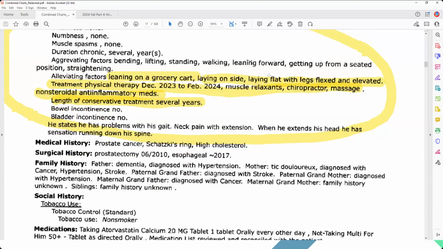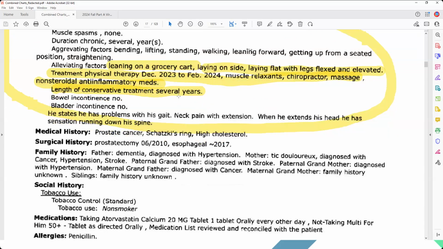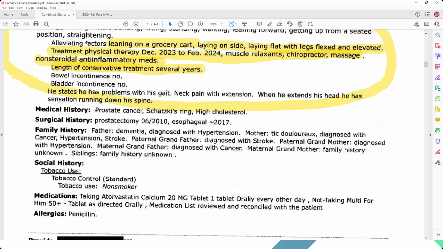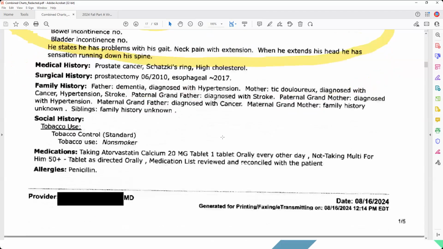And we have information up here that he did some physical therapy in December to February, 23 to 24, muscle relaxers, chiropractors, massage, NSAIDs. So that's good information, and it's been going on for several years. But again, some neck pain with extension, we don't know the severity of that neck pain either.